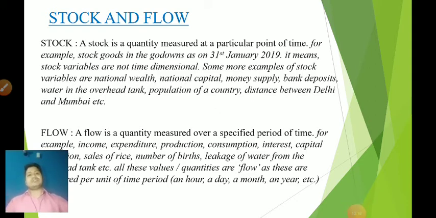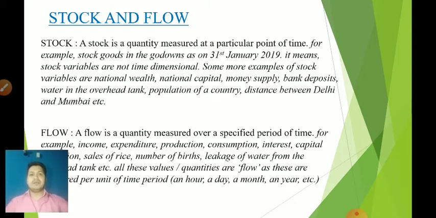Dear student, a stock is a quantity measured at a particular point of time. Always keep in mind that whenever you study the stock concept, anything which you can measure at a particular point of time is simply known as the stock concept.